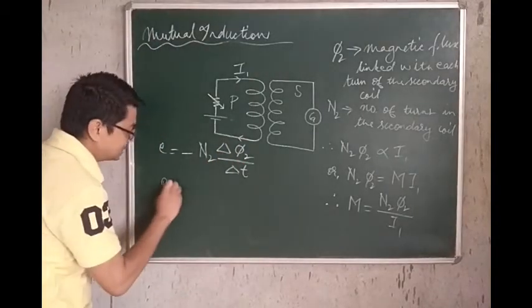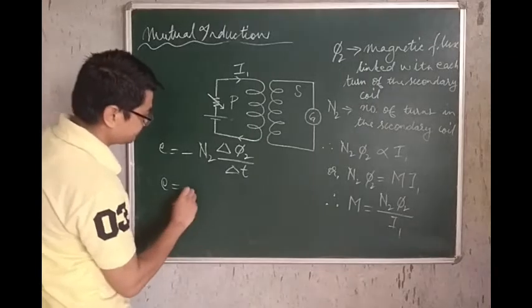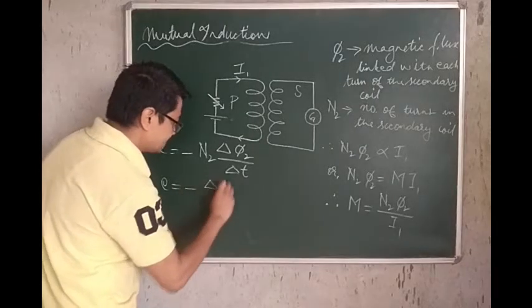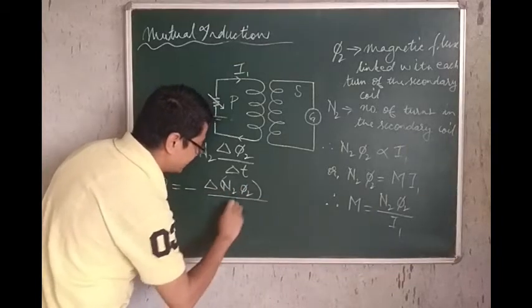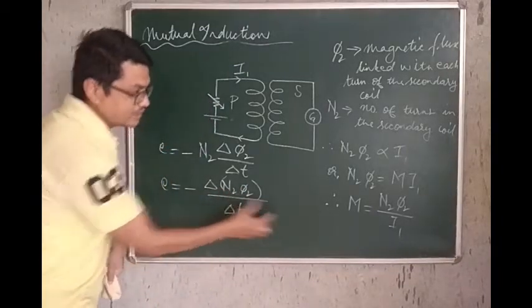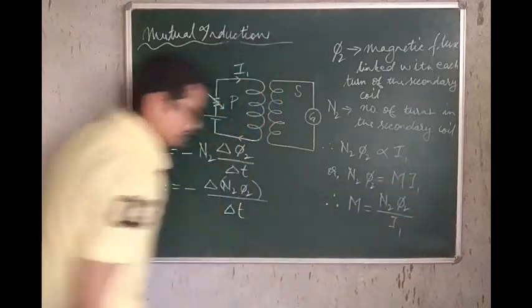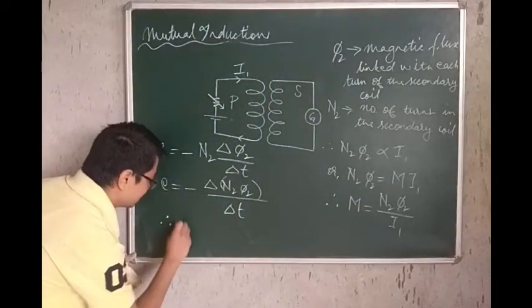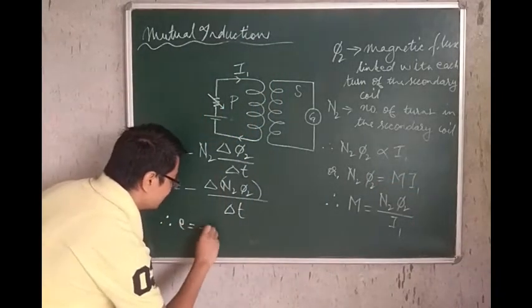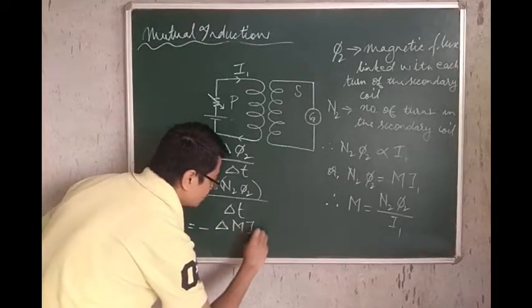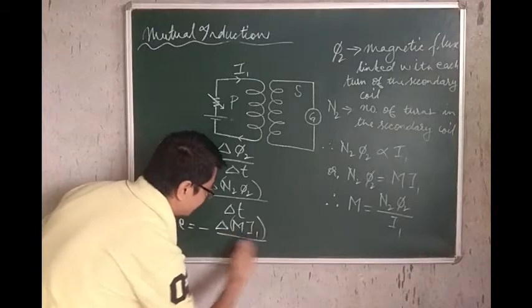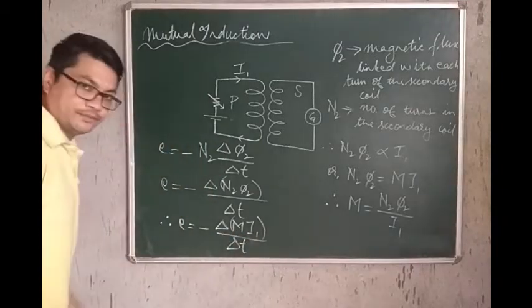So E is equal to minus delta N2 phi2 divided by delta t. Now what is N2 phi2? N2 phi2 is M into I1. So therefore we get E is minus delta M into I1 divided by delta t.